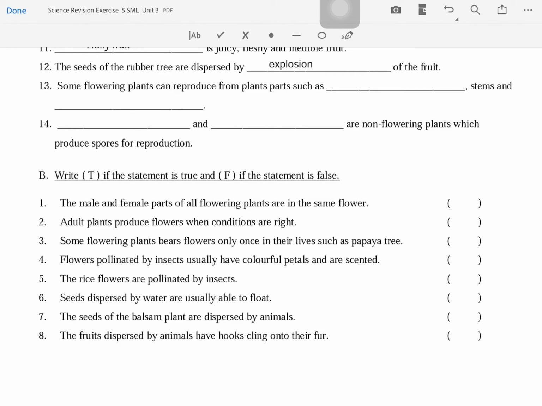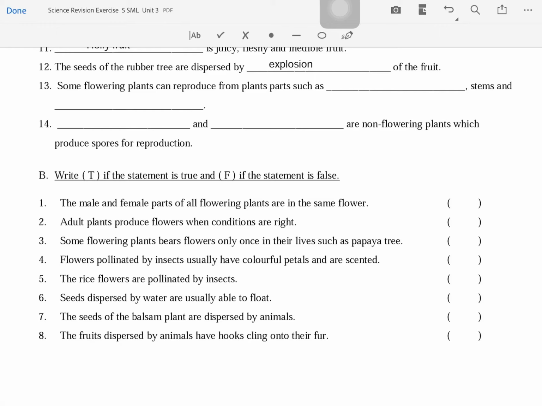Okay, so moving on to question number 13. Some flowering plants can reproduce from plants parts such as what? Stems and what? Okay, so some flowering plant, they can reproduce from plants such as, first of all, their leaves.